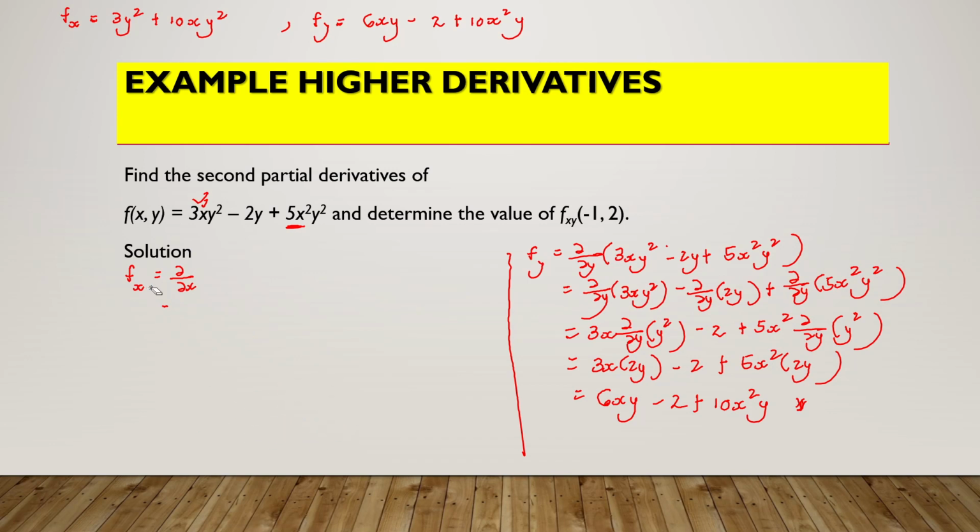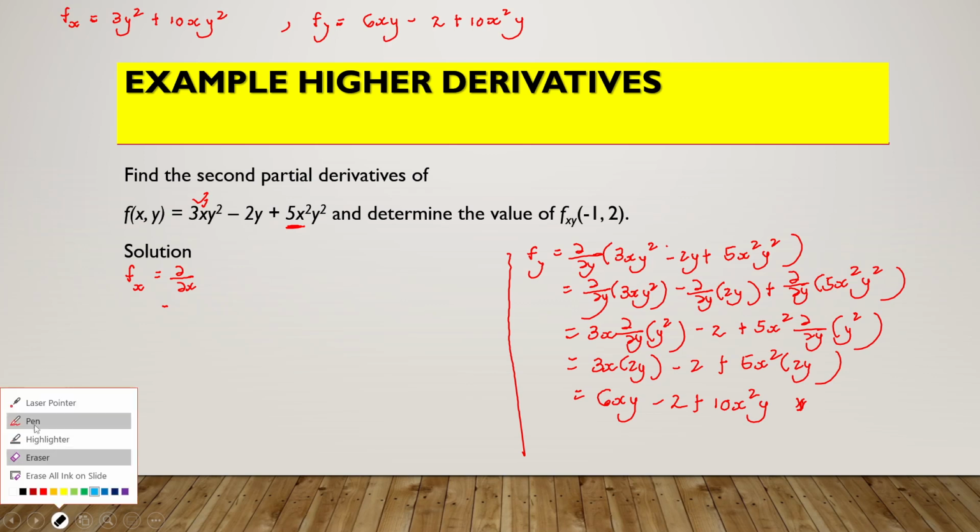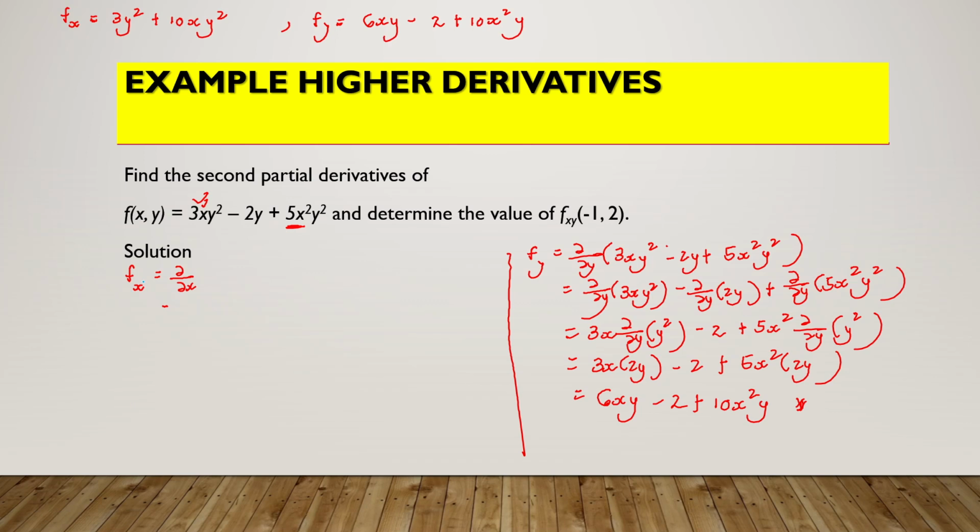Okay, I want fxx first. Let's say I want fxx. So I differentiate fx with respect to x. The fx is here 3y squared plus 10xy squared.